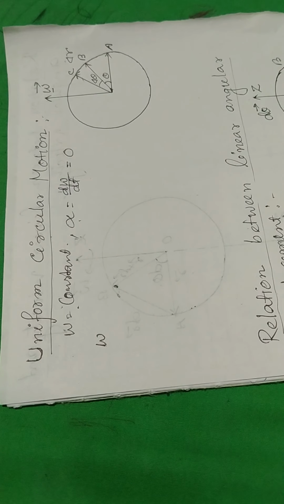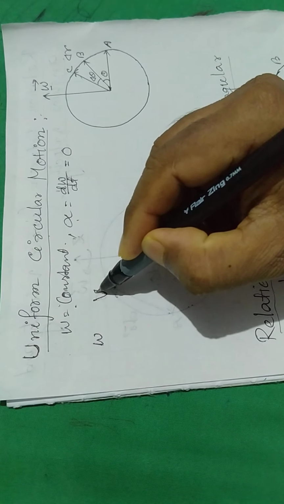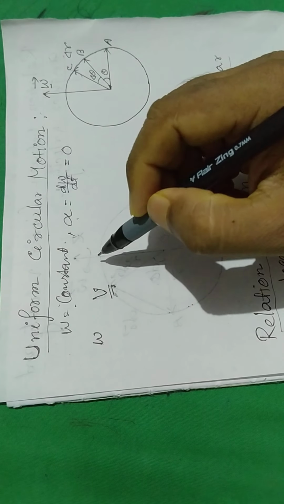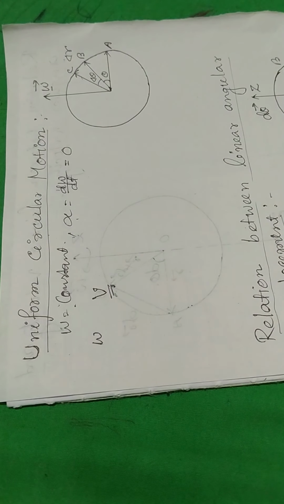but linear velocity is not constant. Linear speed v is constant, but linear velocity is not, because the linear velocity of the object at any point of its circular path is directed along the tangent to the path.